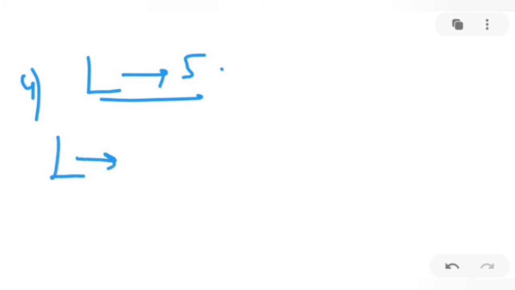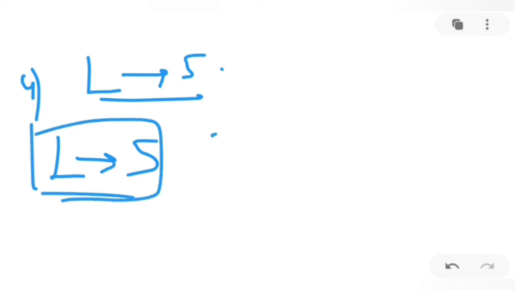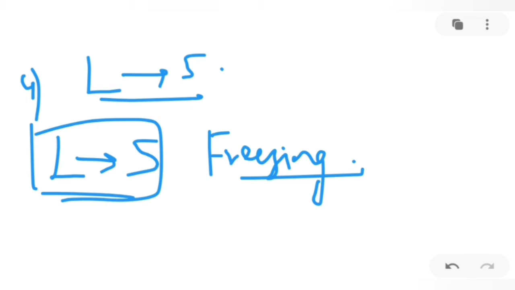Liquid is being changed into ice, or water is being changed into ice. So the state of matter being changed is liquid into solid. This is the process known as freezing. You are freezing water so that ice is formed. So liquid is being changed into solid.